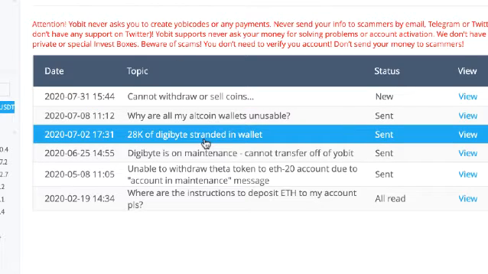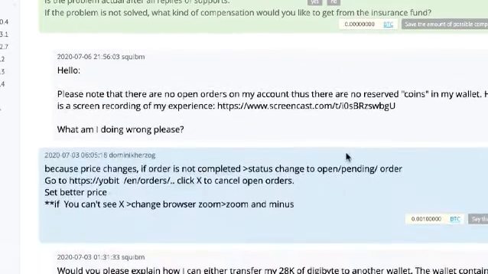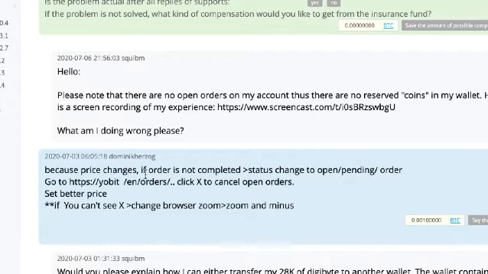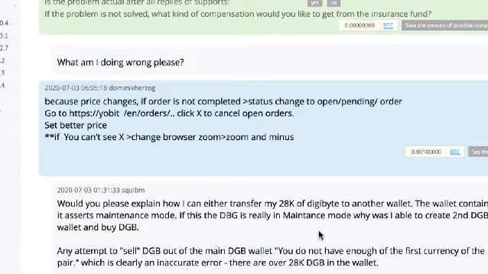Here is July 2nd when I first complained about the specific Digibyte problem, and I get the same deal. Because price changes, whatever, I really want to move it to another wallet. Because price changes, no meaningful answer. I said, what am I doing wrong? No support.